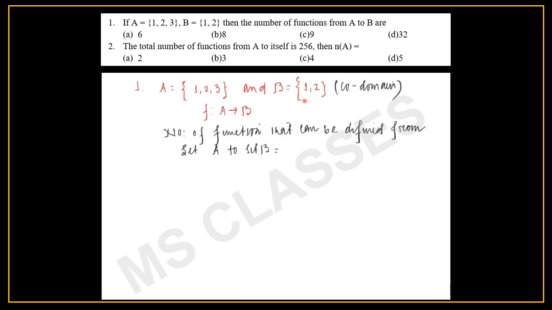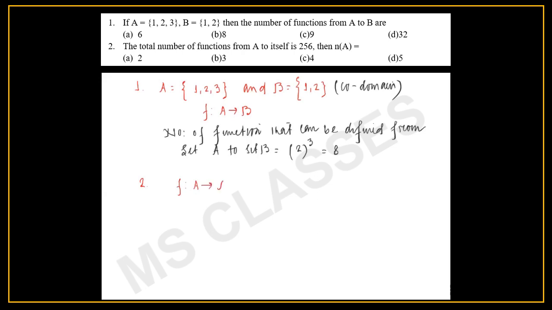How many elements do we have in the codomain? We have 2 elements, and in the domain 3. So it is 2 to the power 3, that is 8. 8 functions are possible.